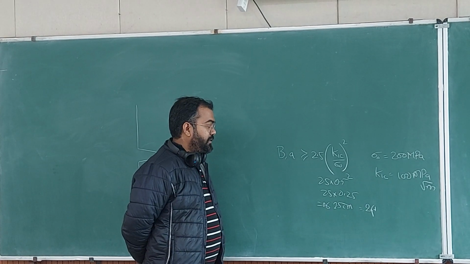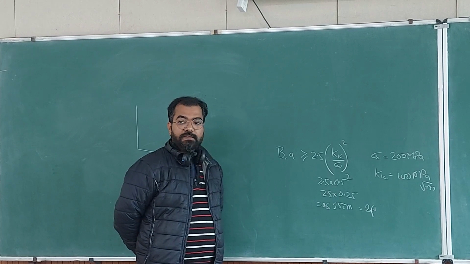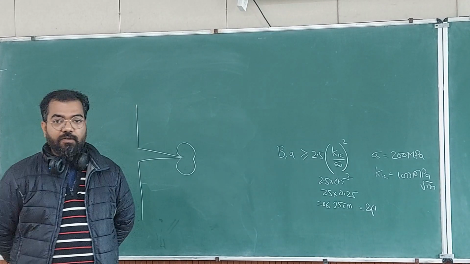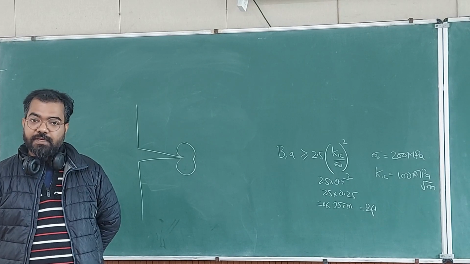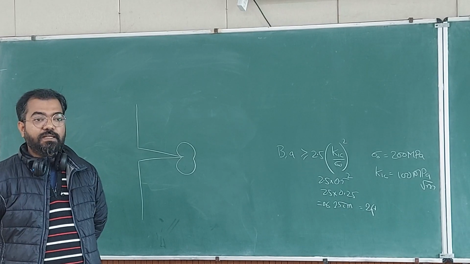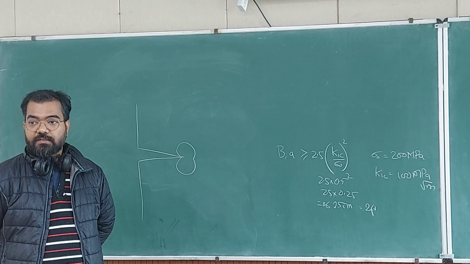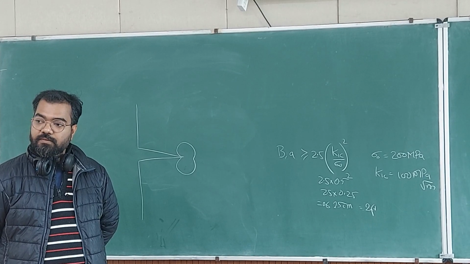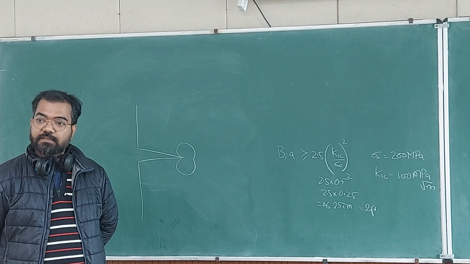So one problem is that you have to have an idea of K1C in order to measure K1C. And the second problem is that for all materials you will not get enough thickness to do this test. So what can we do?